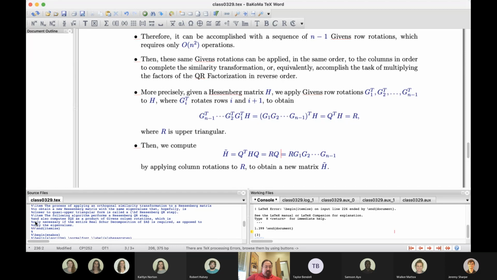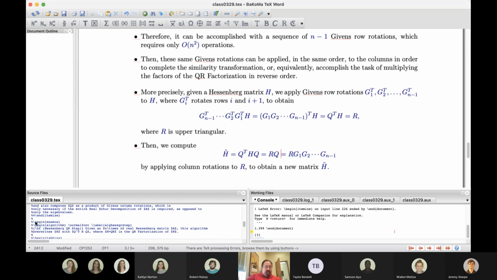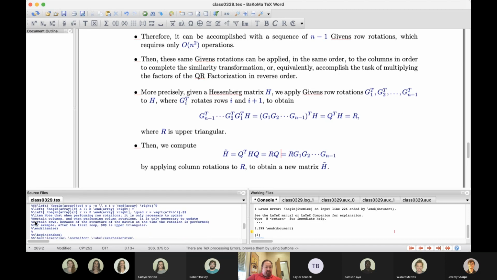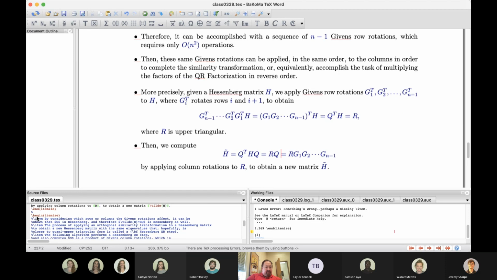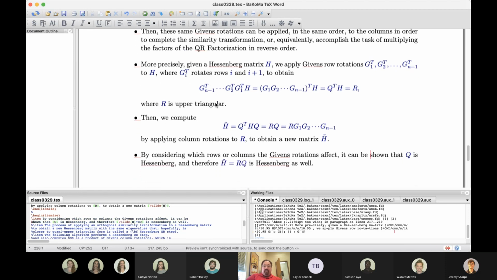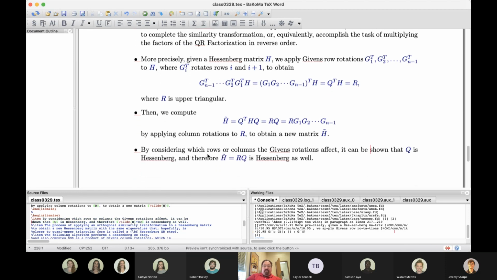That's very important, that we keep that structure so that each iteration will be efficient. And you can convince yourself that this new matrix coming out of this process, H tilde, is in fact Hessenberg by considering which columns are affected by applying these column rotations.